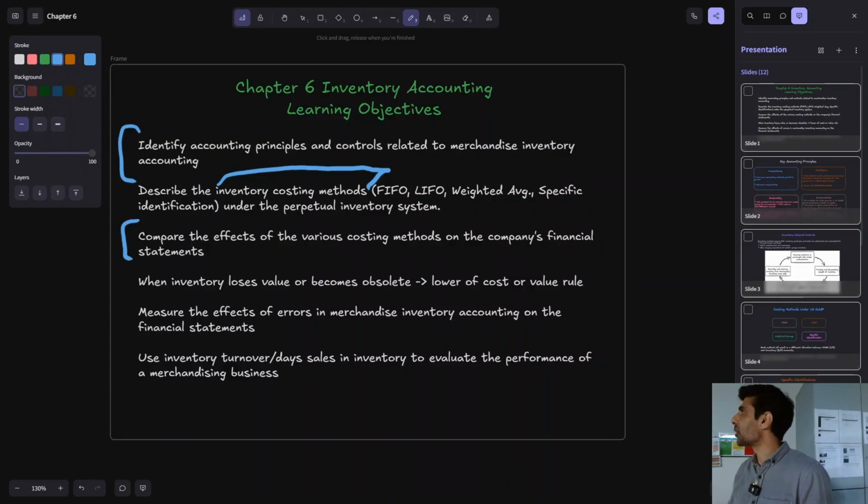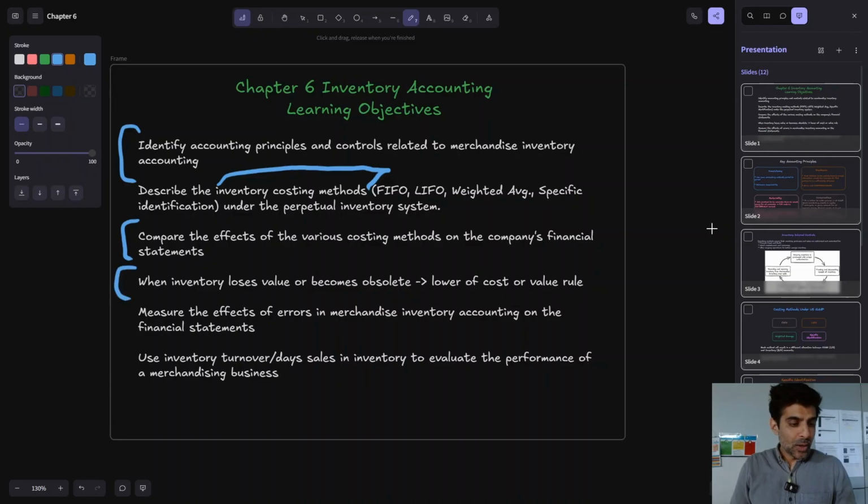We saw this in a couple things, like cash versus accrual basis. You have some choice in your accounting method, and again, there's no right or wrong answer, but based on that choice, you're going to change what your financial statements say. So we're going to talk about how the choice of this inventory costing method will change your financial statements.